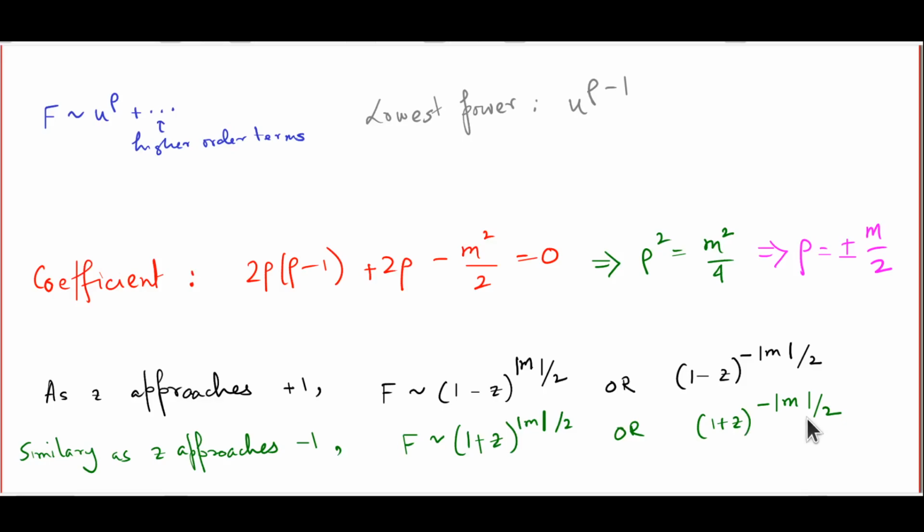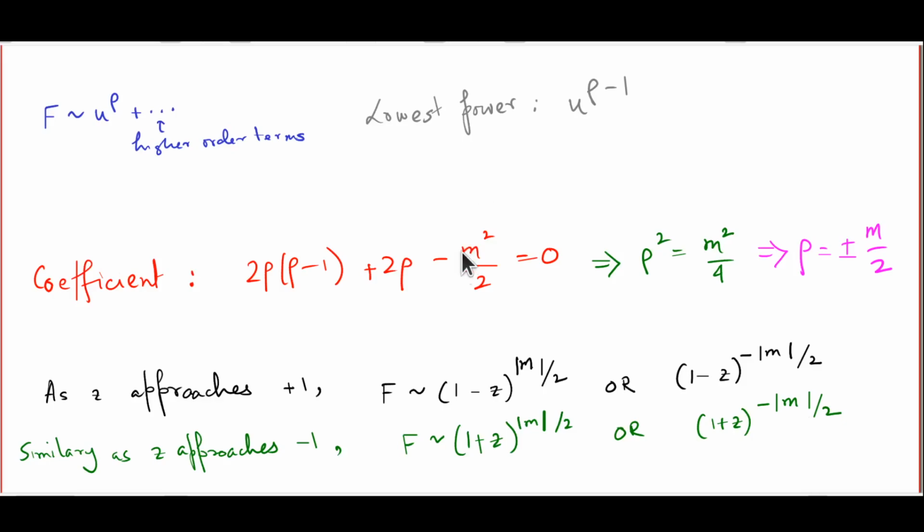So notice that while one of the two behaviors is decent, stays finite, in fact goes to 0 as z goes to plus or minus 1, the other solution actually blows up. And that is something we always knew could happen because of the regular singularity which the equation has at z equal to plus minus 1.